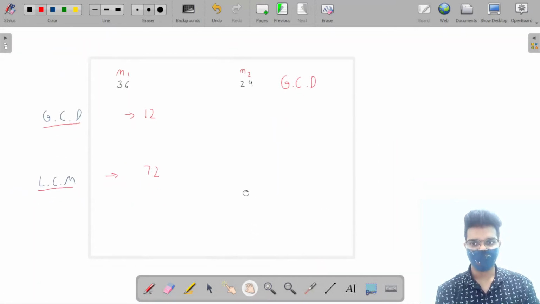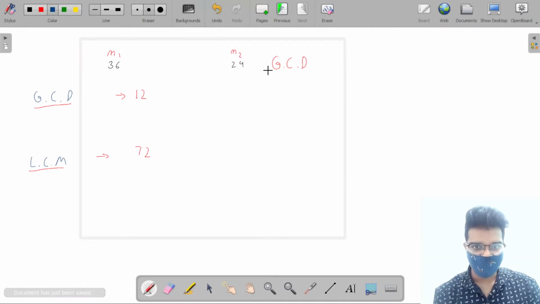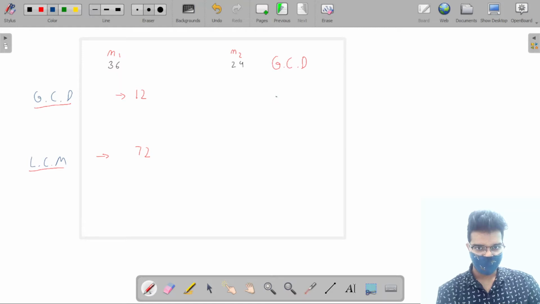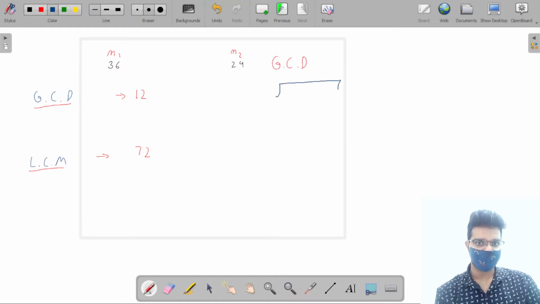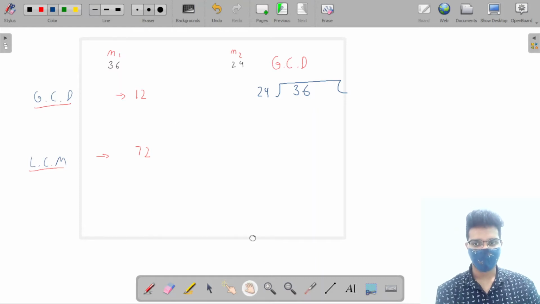So let's see how we are going to calculate GCD. We know that we are given two numbers, so we are going to implement the simple division method. One number will be our divisor and the other will be our dividend. Let's say n1 is our dividend and n2 is our divisor. Now what are we going to do?